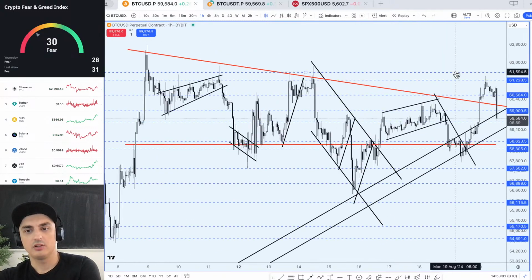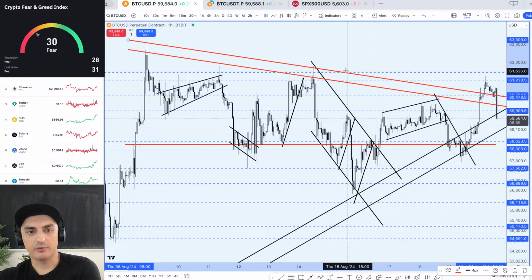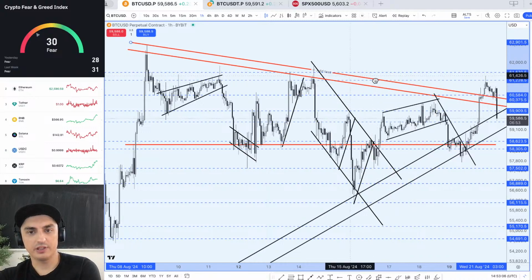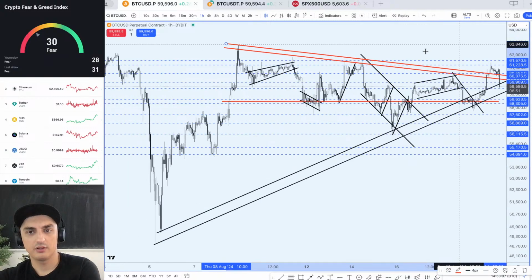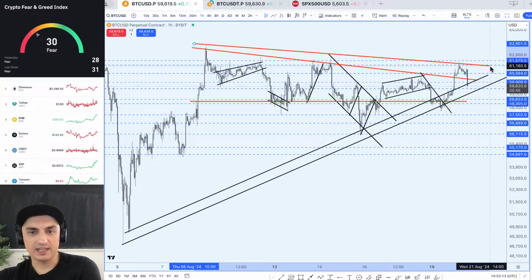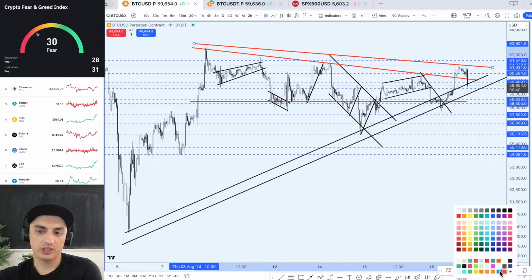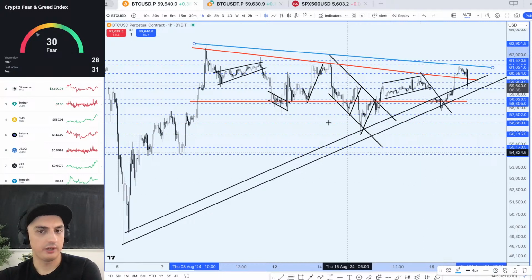If I can add another line over here. Like I said previously, we got this lower lows situation where we got another low over here.